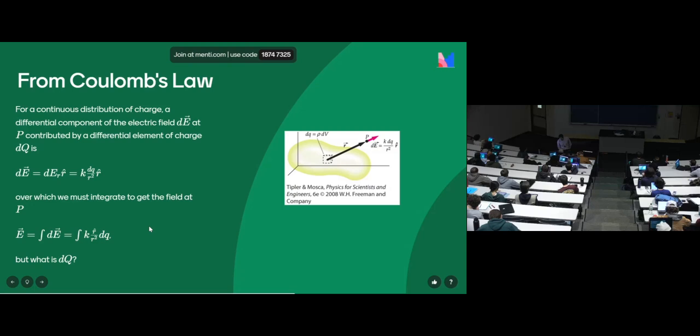And we must integrate over that dQ to figure out what the total electric field is at point P. So we're taking the integral of k dQ r hat over r squared. An integral that is easy to write down, but then becomes a little frustrating to calculate.